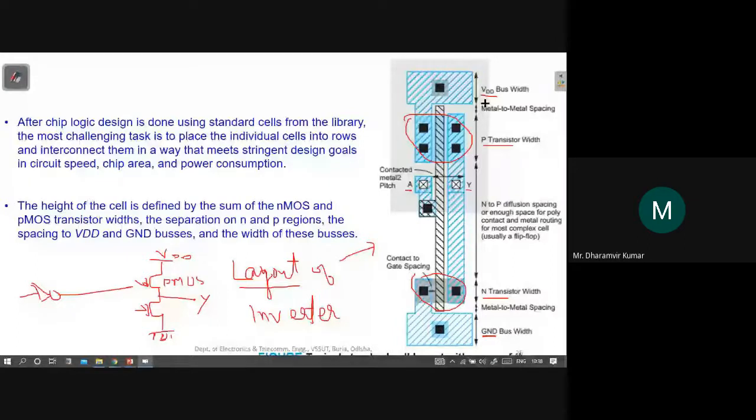So when you add these components, you get the complete height of this inverter layout. Okay, just for an example, it is not required at this time to remember or understand this completely. Just try to look at how the things are actually there.